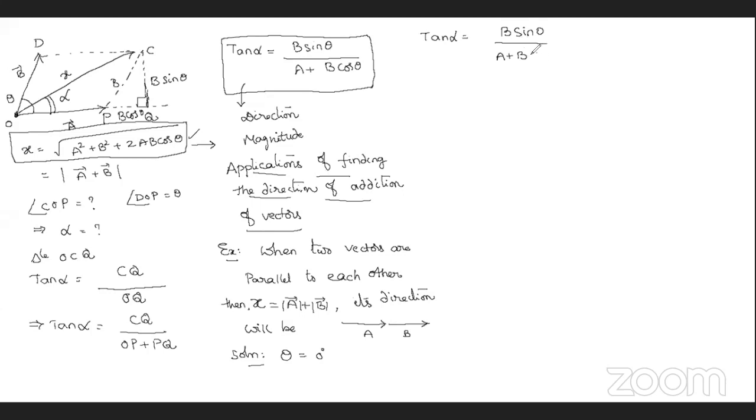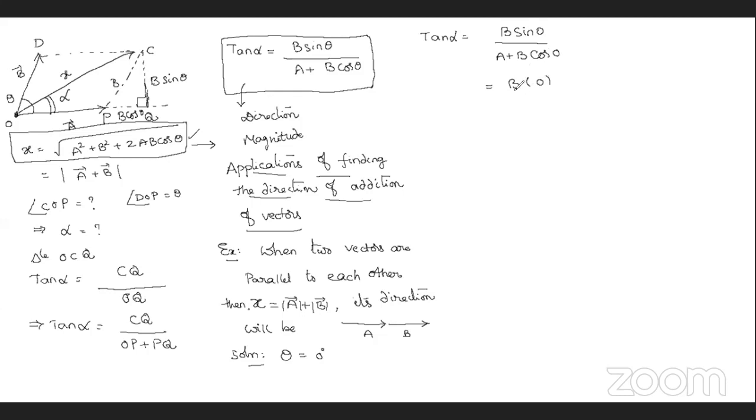Okay, so this is equals to b times sin 0. I think sin 0 is 1 now. Sin 0 is 1. Am I right? Anyone please respond. Sin 0 is 1 or 0? 0, sir. Right.